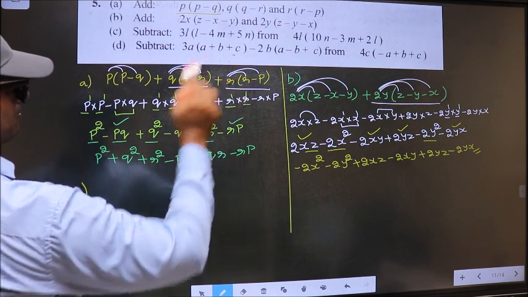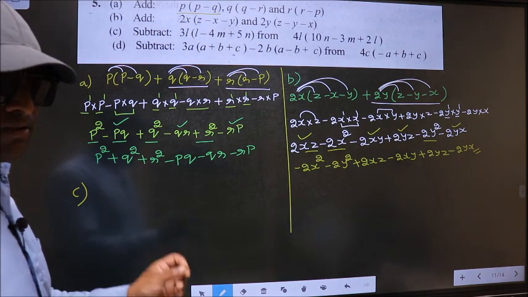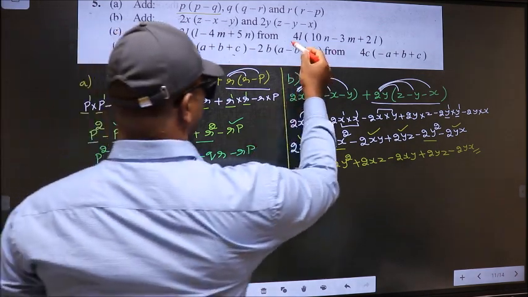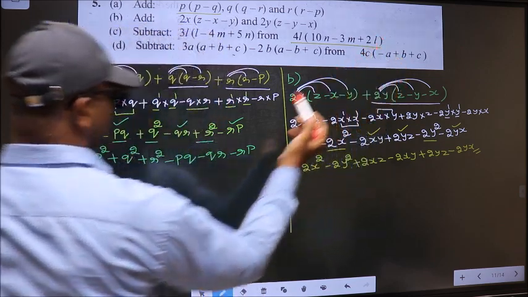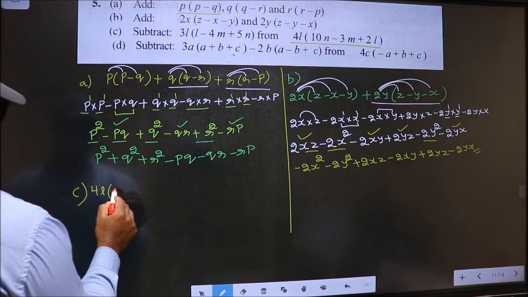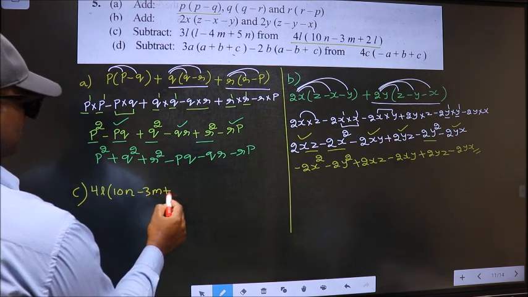Subtract this from that. Here we have to subtract. While subtracting, we should always write the second expression first. That is 4L times (10n − 3m + 2L).